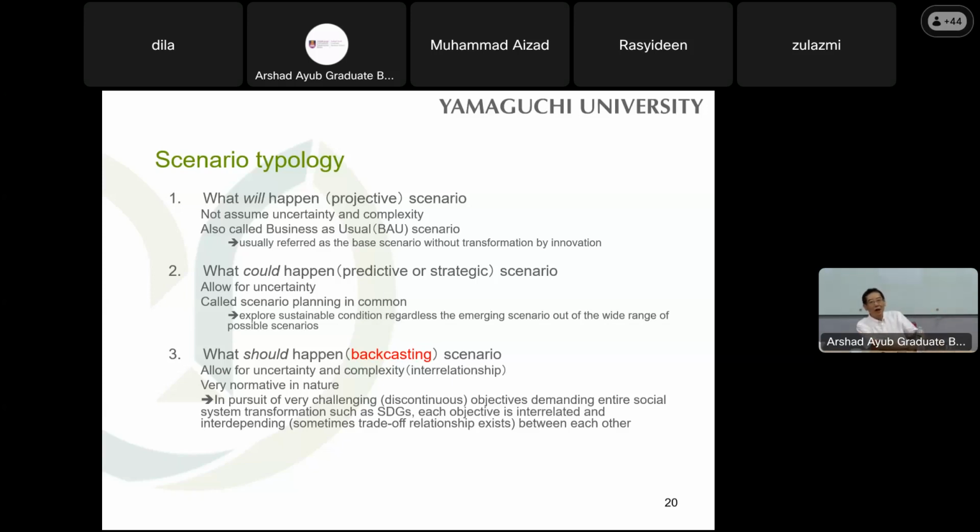The second type of scenario is called the "what could happen" scenario. It's also called predictive or strategic scenario. The sharp difference between the first and second scenario is whether to allow for uncertainty or not.